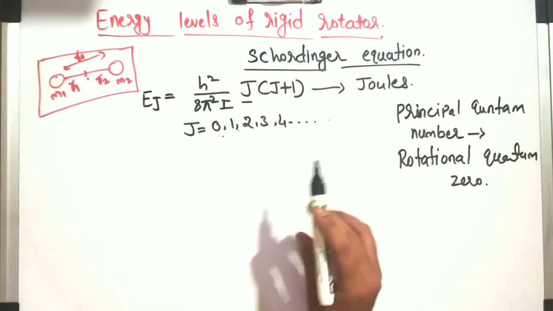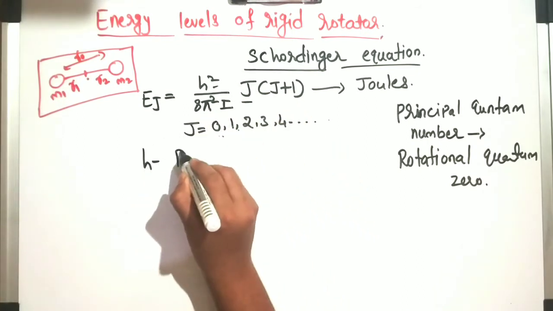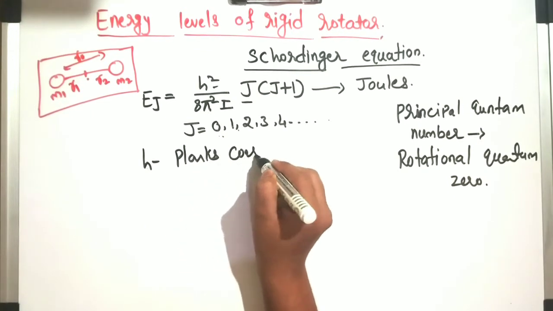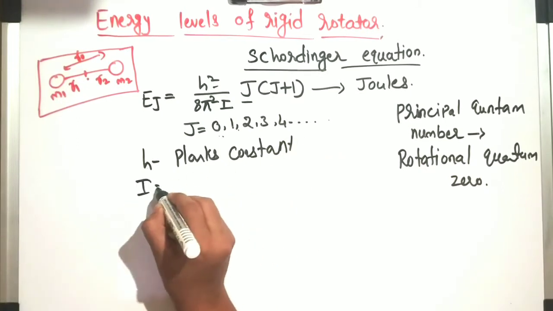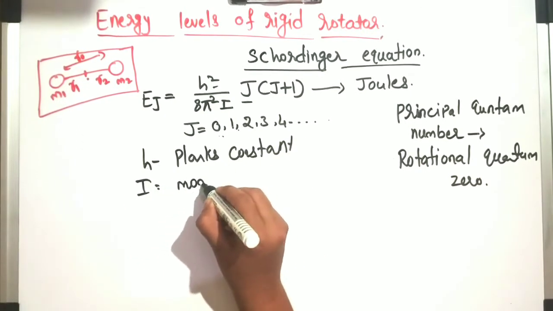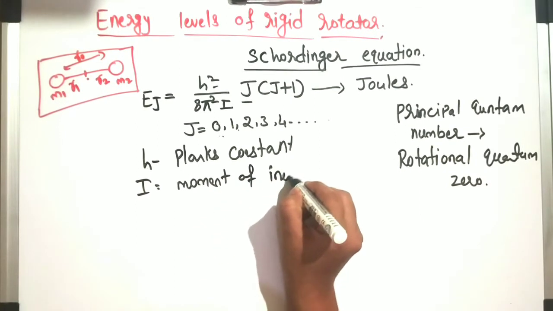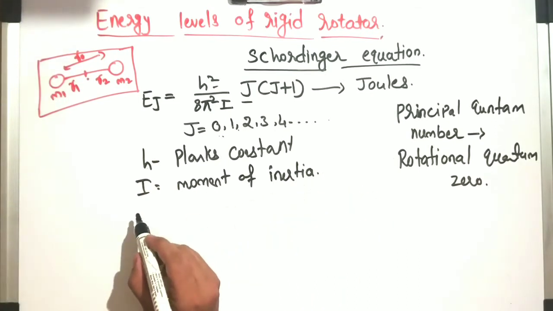What is h here? H is Planck's constant. What is I? I is the moment of inertia. What was our reduced mass equation?